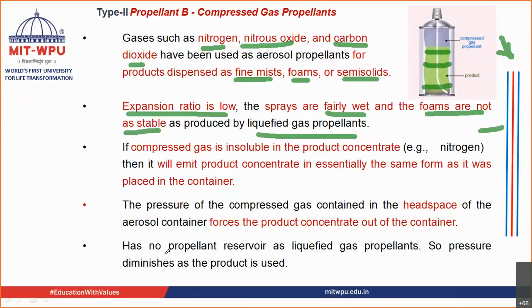It has no propellant reservoir like the liquefied gas propellant. So the pressure diminishes as the product is used. As the product goes on decreasing, the pressure also goes on decreasing.